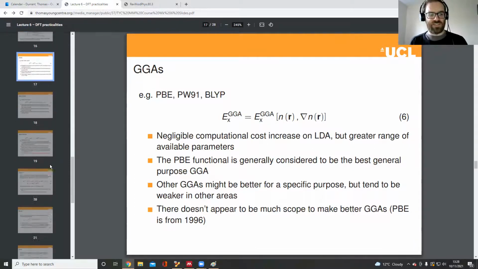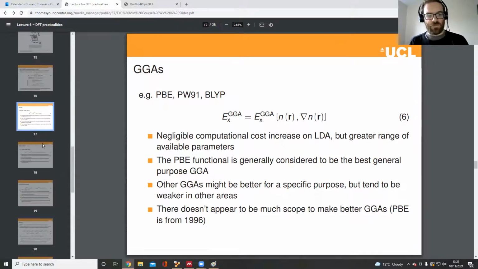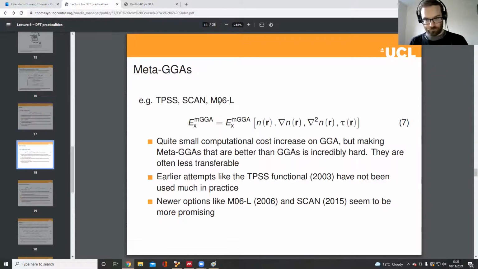So this kind of forces us to try and do more expensive things. You're following this recipe of the Jacob's ladder that I had on the previous slide, and the next thing to try is meta GGAs. So examples would be the TPSS functional, the SCAN functional, M06-L, things like this. Again, meta GGAs are not that much more expensive than GGAs.